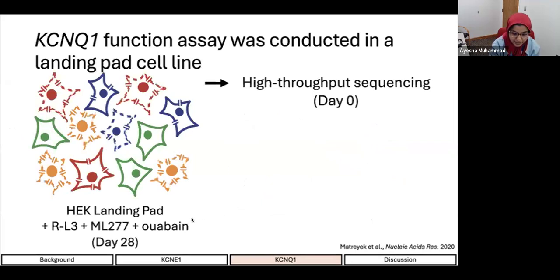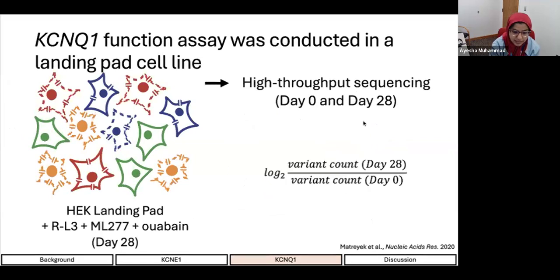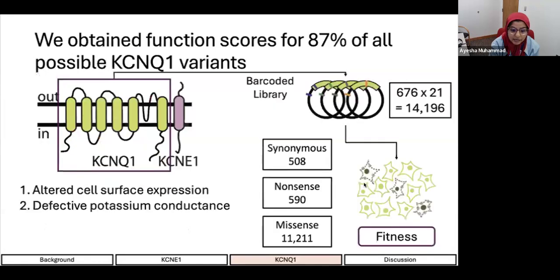Over the course of 28 days, the functional variants were depleted from the total cell pool, and then we conducted sequencing again at day 28 and took the log 2 of the ratio between day 28 and day 0. In terms of the fitness assay, we were able to obtain function scores for almost 87% of all possible KCNQ1 variants, and this is what the breakdown of those variants looks like.